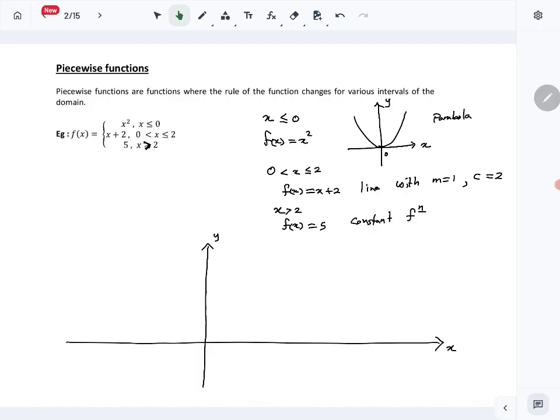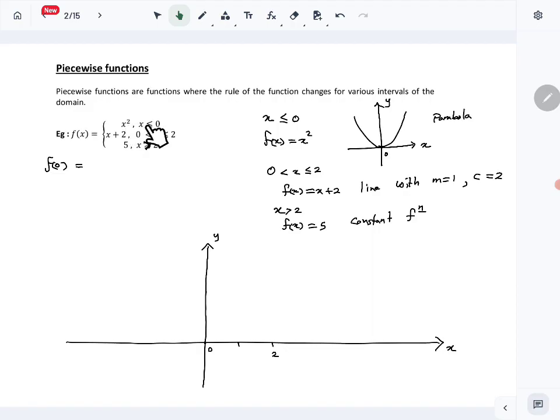So at x equals 0 and at x equals 2. So we'll mark those 2 points, 0, 1, 2. Right. So now x equals 0 belongs to the first part. Okay, so then let's find the function value at 0 first. f of 0, how would I find f of 0? To find f of 0, I have to substitute it into which one?